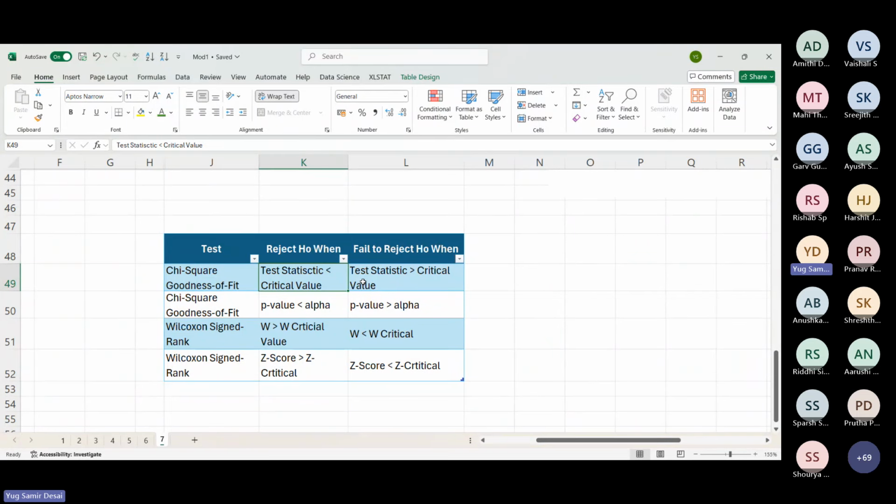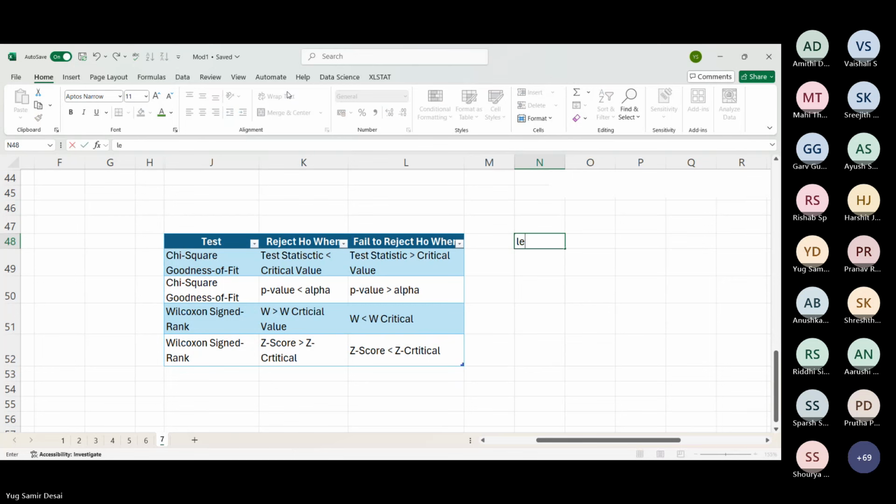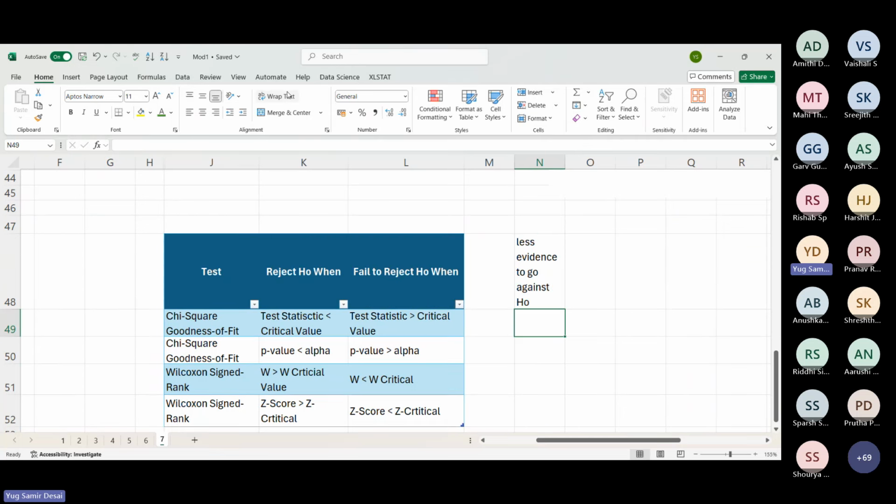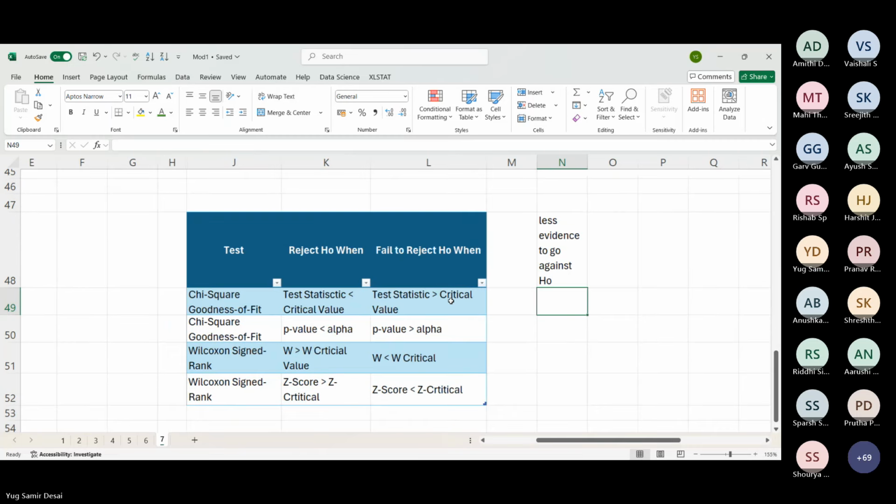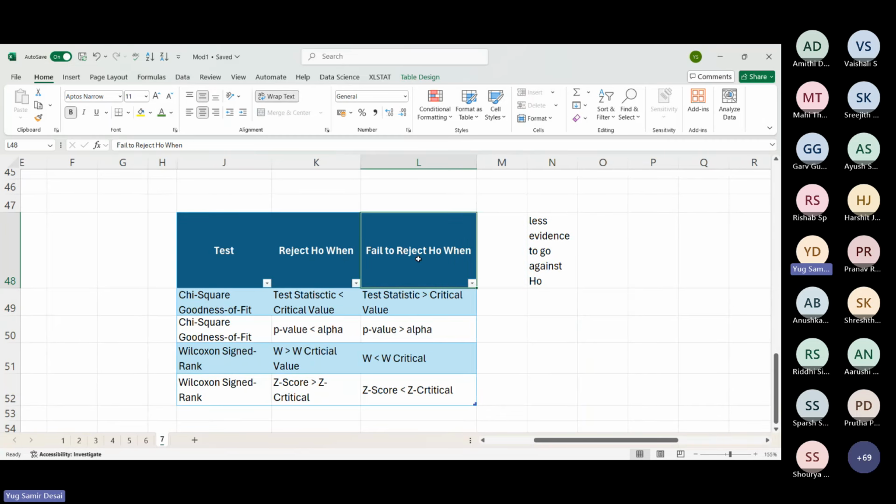As per this table and what we had learned so far, if our test statistic is more than the critical value, I wouldn't say accept, but in the exam they could use terms like less evidence to go against the null hypothesis, or fail to reject or accept the null hypothesis.